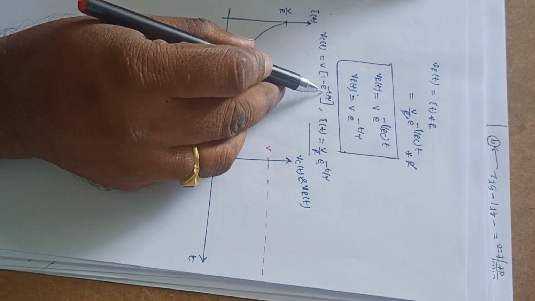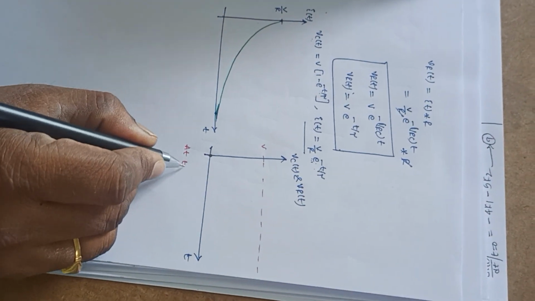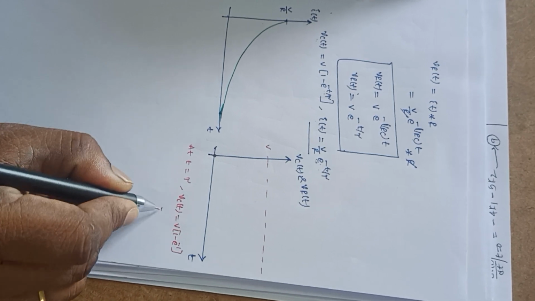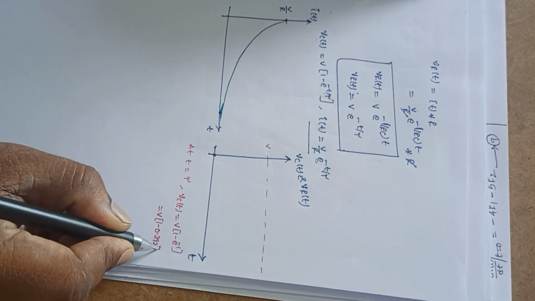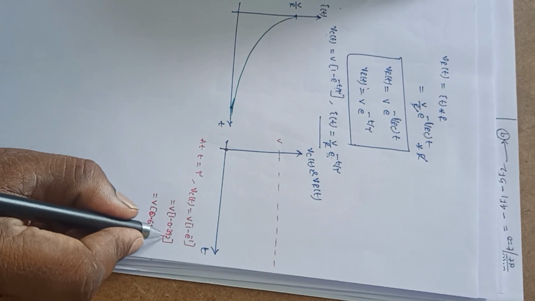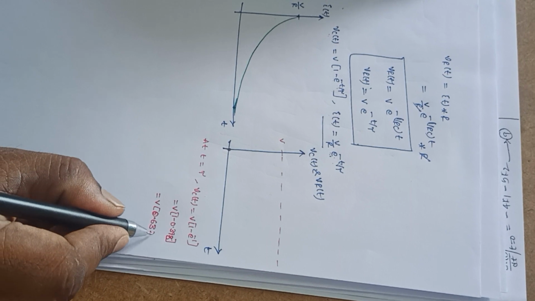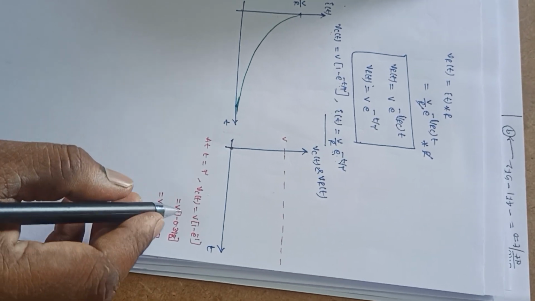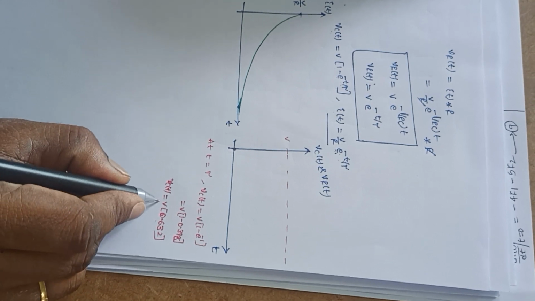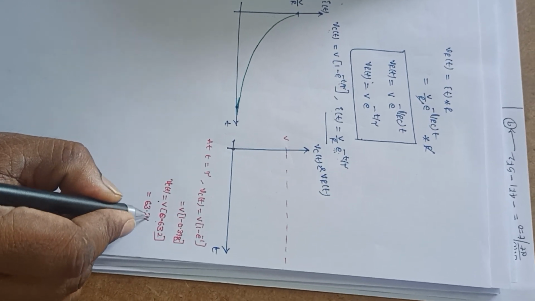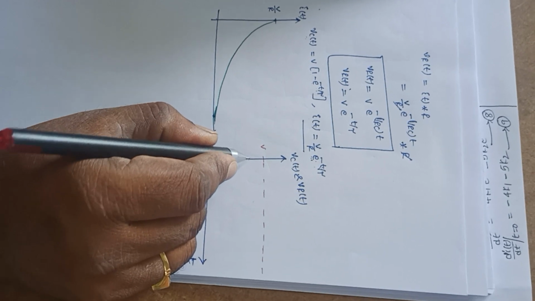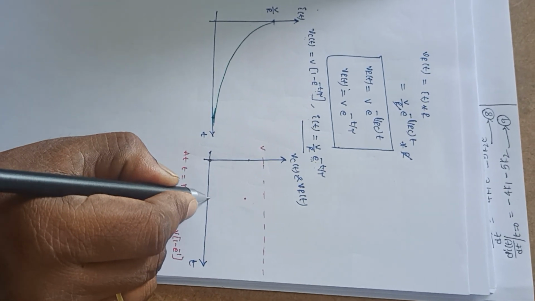So at t equal to one time constant, at t equal to tau, the value of Vc of t is equal to V into 1 minus e power minus 1, that is V into 1 minus 0.368, that is V into 0.632. That means the capacitor voltage will be 63.2 percent of the final voltage V. So it is 63.2 percent at one time constant tau.